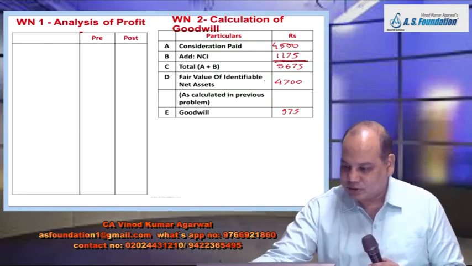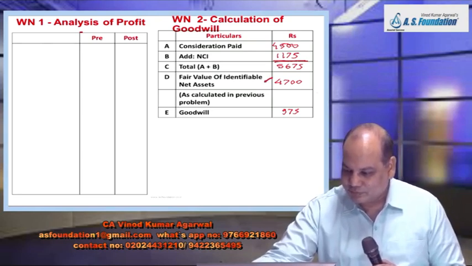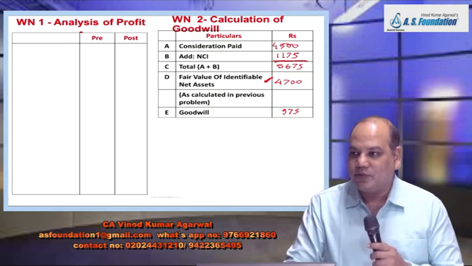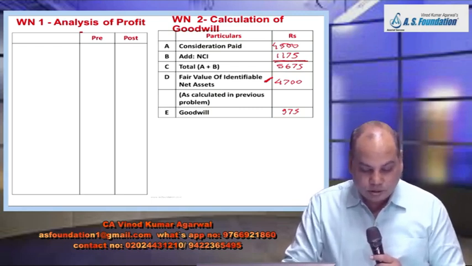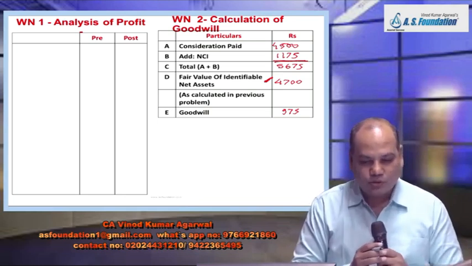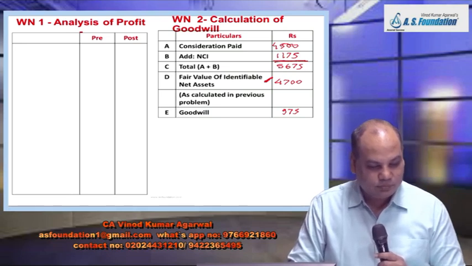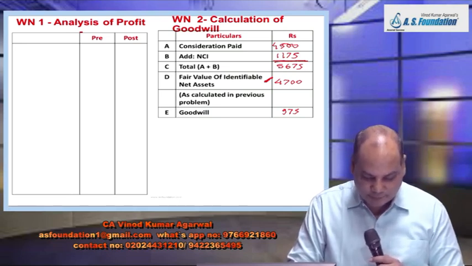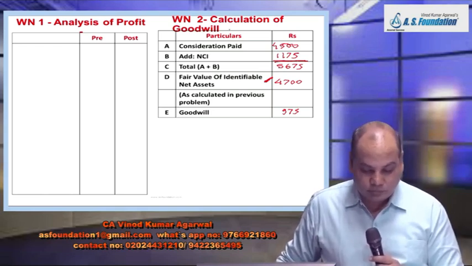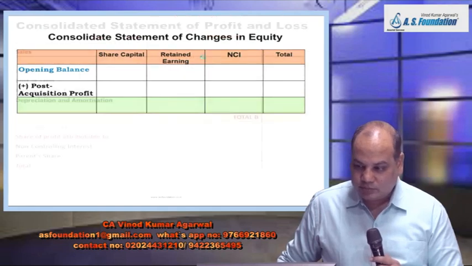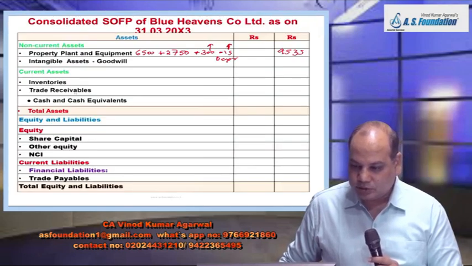So this covers your share capital, pre-acquisition profit, and fair value adjustments. Do not transfer goodwill to SOFP because there is an adjustment there. Next line, current asset inventory. Inventory, write down in the main page.